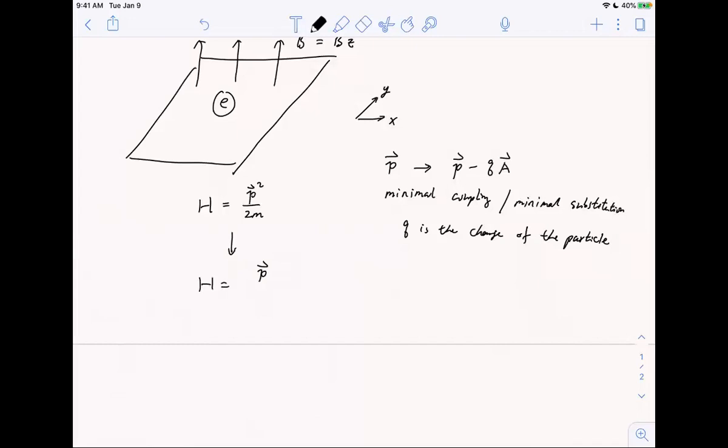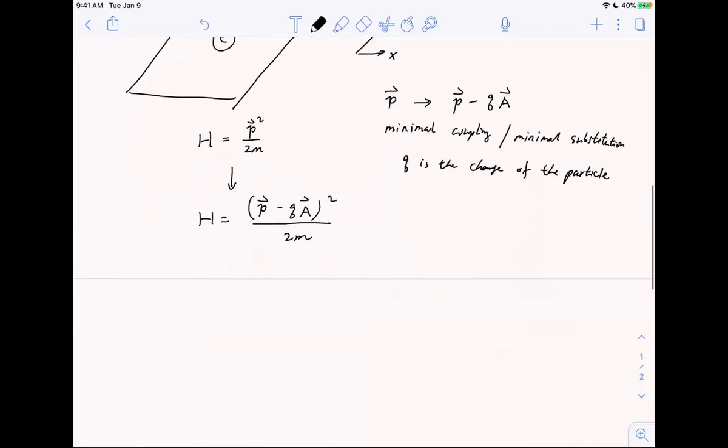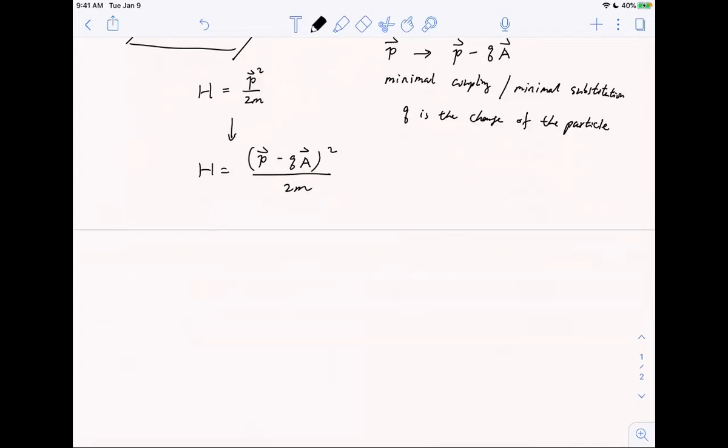So then this will become H = (p minus qA) squared over 2m. Okay. For an electron, q equals negative e. e is positive here. e is the fundamental charge, that is the charge of the proton.